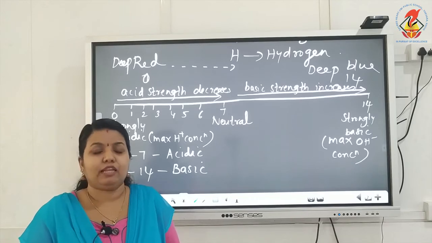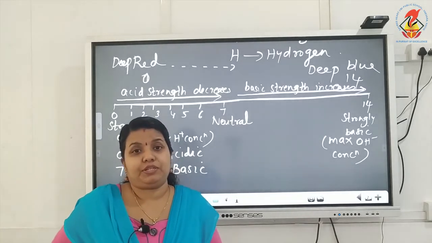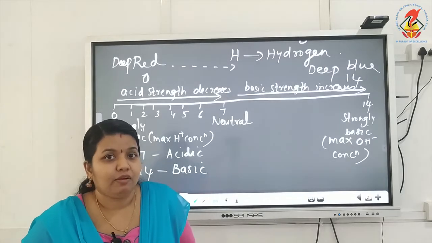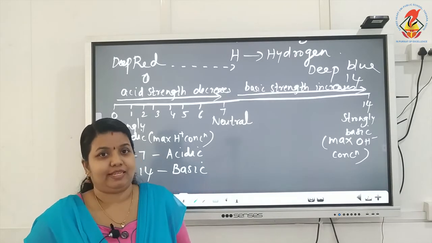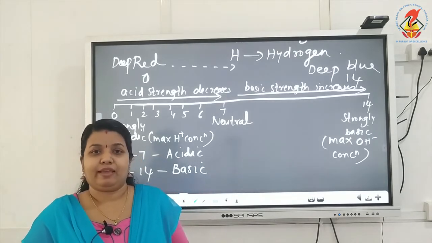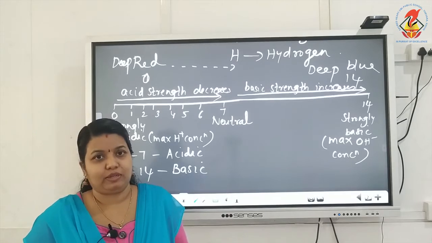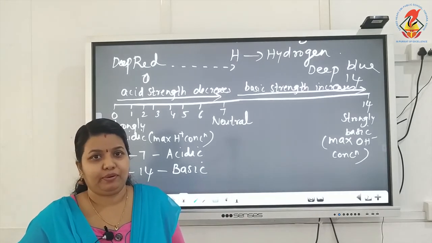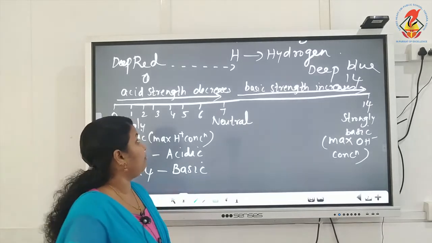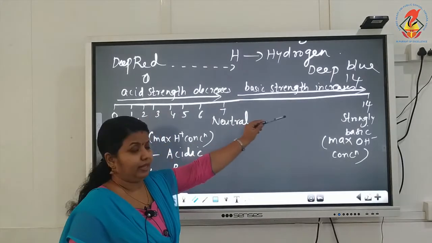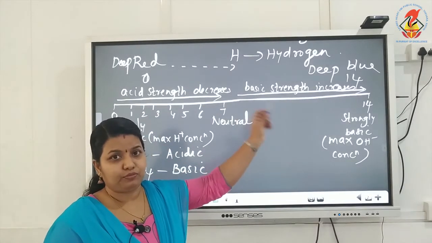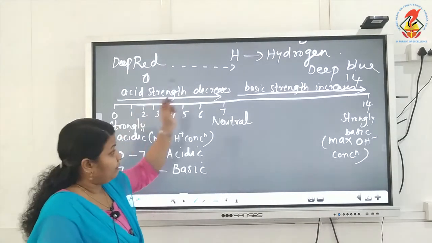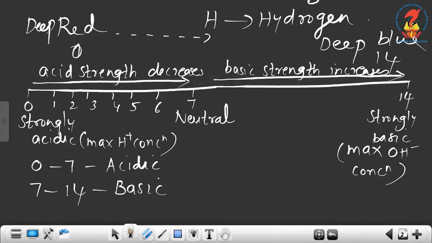The scale of measuring the concentration of hydrogen ions in a solution is known as the pH scale, where P stands for potence, meaning power, and H stands for hydrogen. So, in the pH scale we are measuring the power of hydrogen ion. In the pH scale we can have values from 0 to 14. 0 stands for a strongly acidic solution and 14 stands for a strongly basic solution.